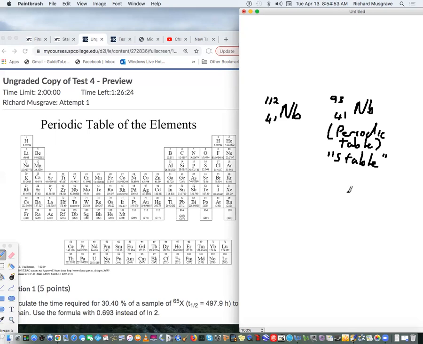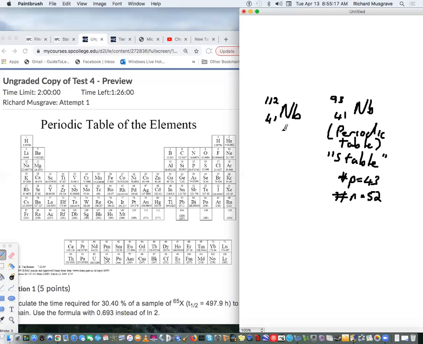So that's stable there. Now, I can do a little math here and figure out how many protons and how many neutrons there are. The number of protons here is going to be 41, and the number of neutrons we get by subtracting 41 from 93, which is going to be 52. So that's our stable version of NB.